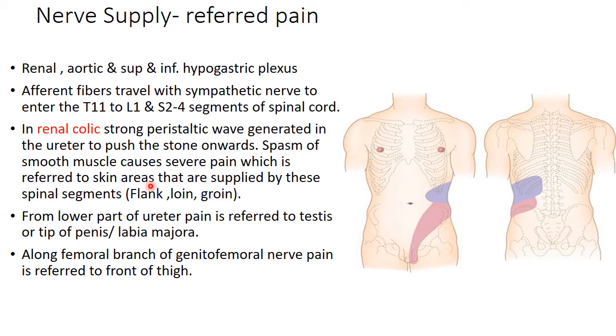Okay, so pain is referred from loin to groin. Remember loin to groin. Loin is the lumbar area, groin is the inguinal area, and flank is the side of the body. Apart from this, the pain can be referred to the testis, tip of the penis, labia majora, and front of the thigh because of the genitofemoral nerve.